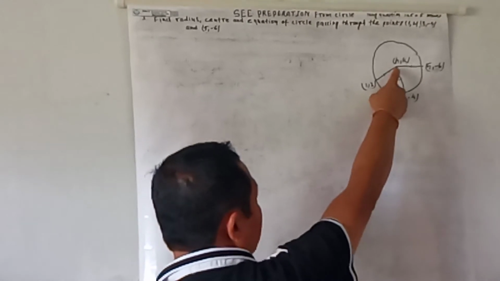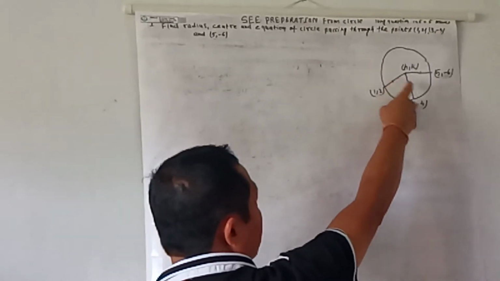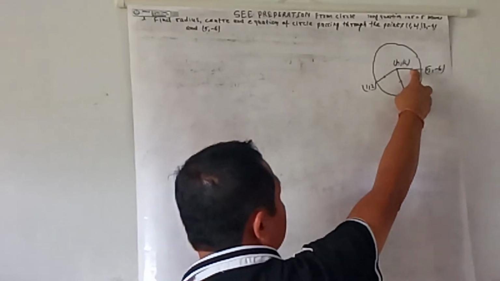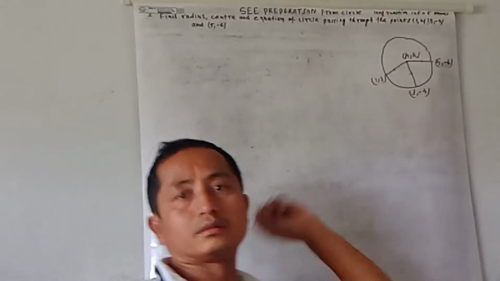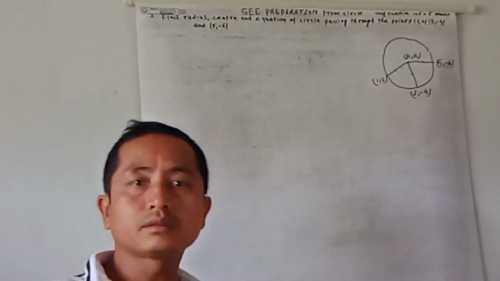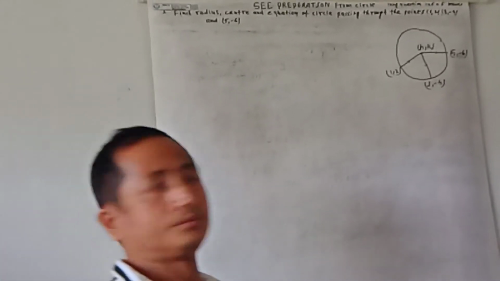The distance from the center to a passing point is the radius. So this is the radius, this is also radius, and this is also radius. These are all radii of the same circle, so the radii are equal.